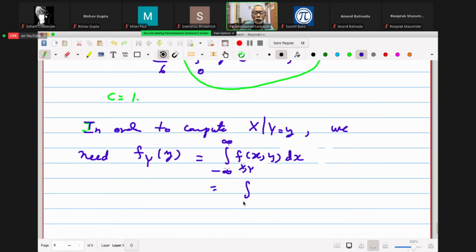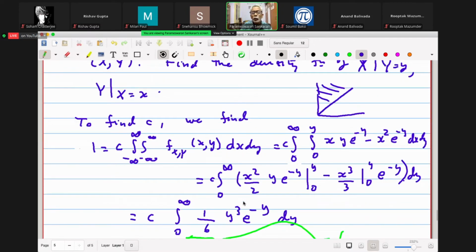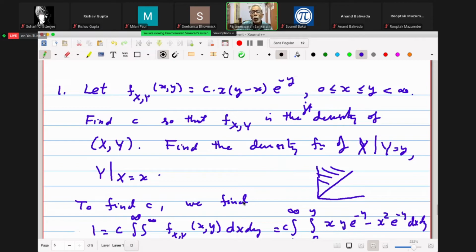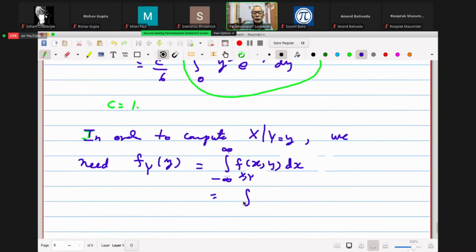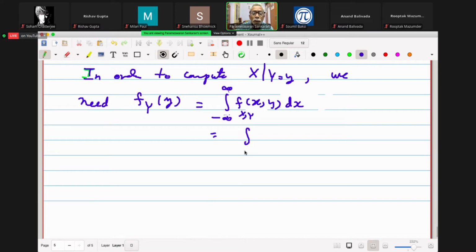So what is the range for x? Range for x is 0 to y. So it is 0 to y, and here whatever that function was, x(y minus x) e power minus y, dx. Now treat y as a constant, because y is fixed here. So e power minus y comes out, and then I have xy minus x square.